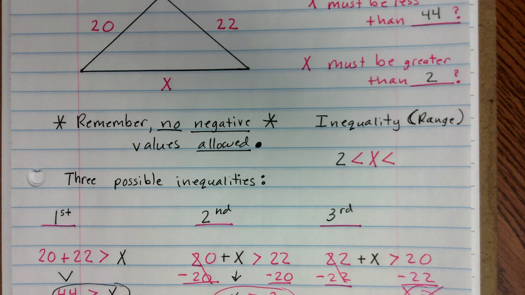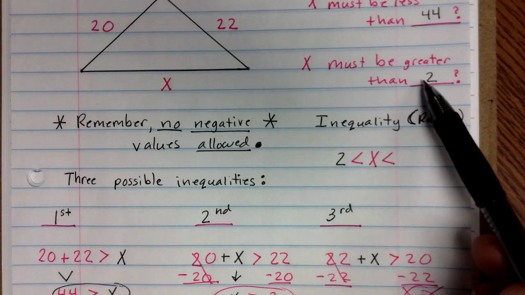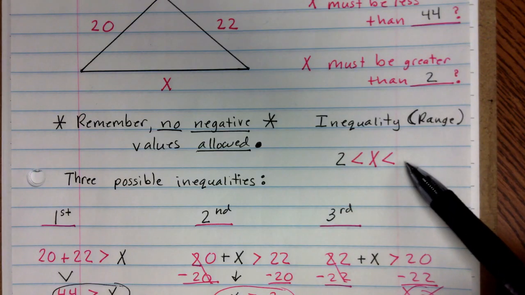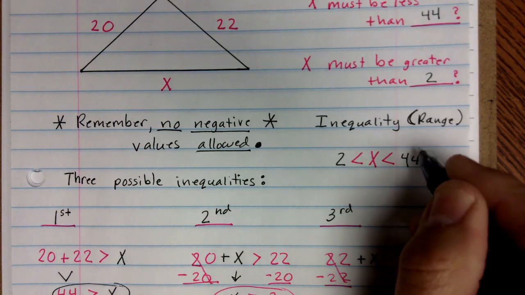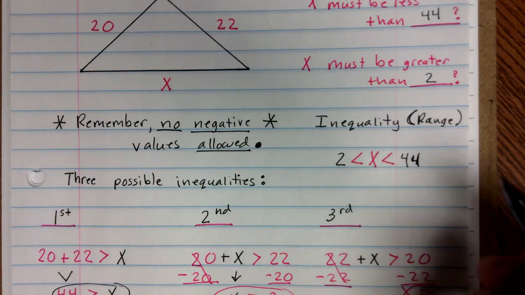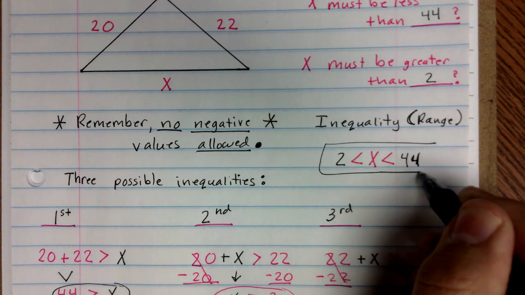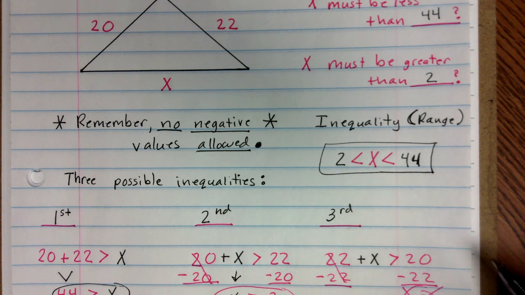Or another way you could look at it is like when we taught you domain and range and we had you write these inequalities, we'd always tell you to put the lesser value on the left-hand side and then put the greater value on the right. X is going to be less than 44. And now we have written an inequality which represents the range of the possible lengths for the triangle.